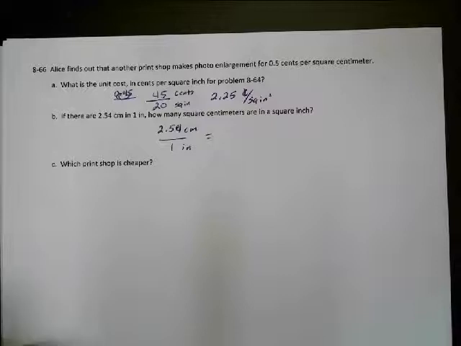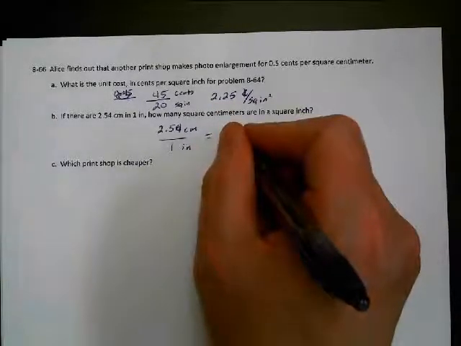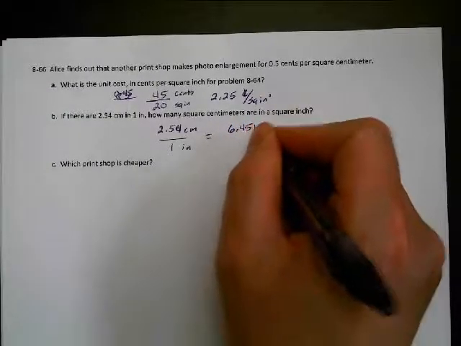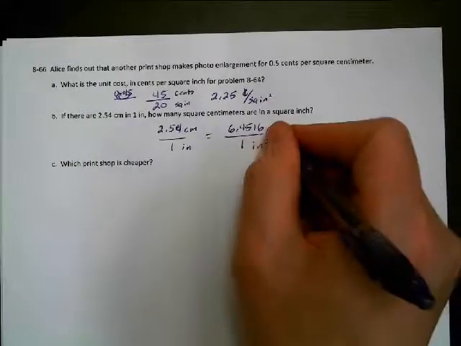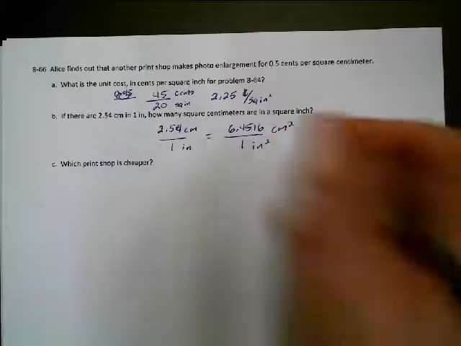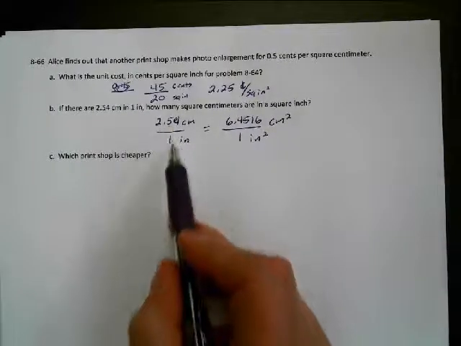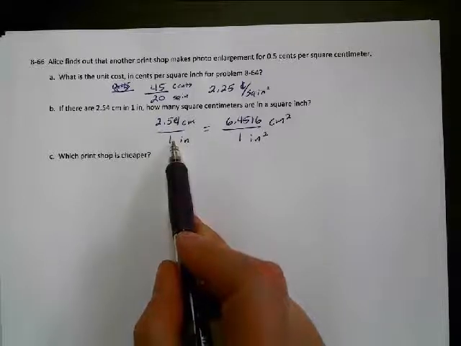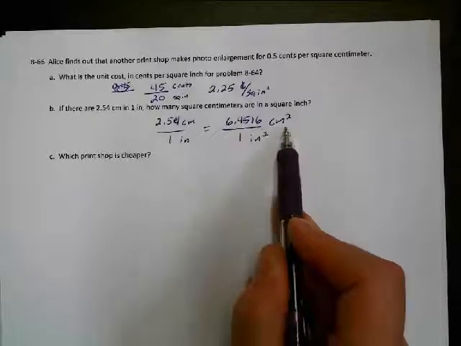The area should be 6.4516 over 1 inch squared. Since now we're talking about area instead of side length, we would square both of these numbers. So now I know that 6.4516 centimeters squared is the same as 1 inch squared.